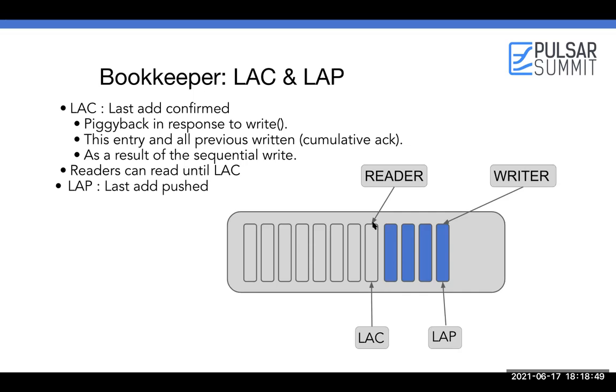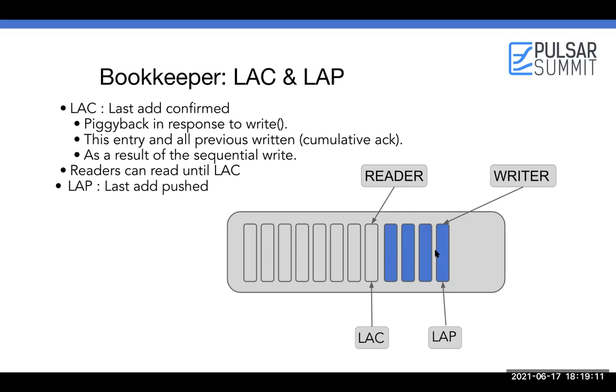So the readers can read until this point. The blue ones have been pushed to the bookie nodes to be written on this ledger, but we have not gotten enough ACKs.